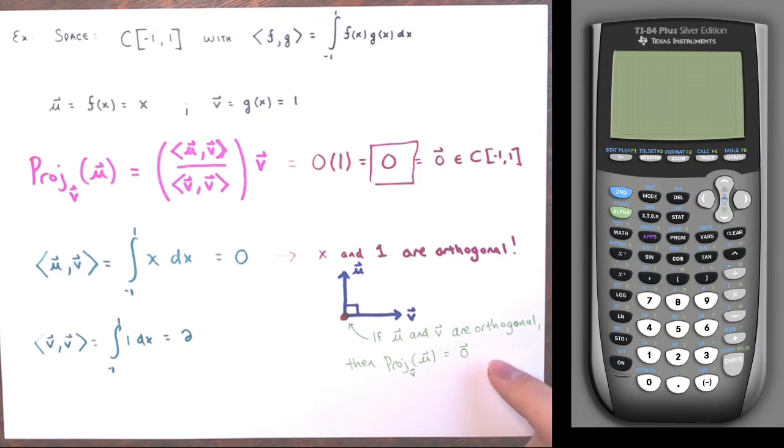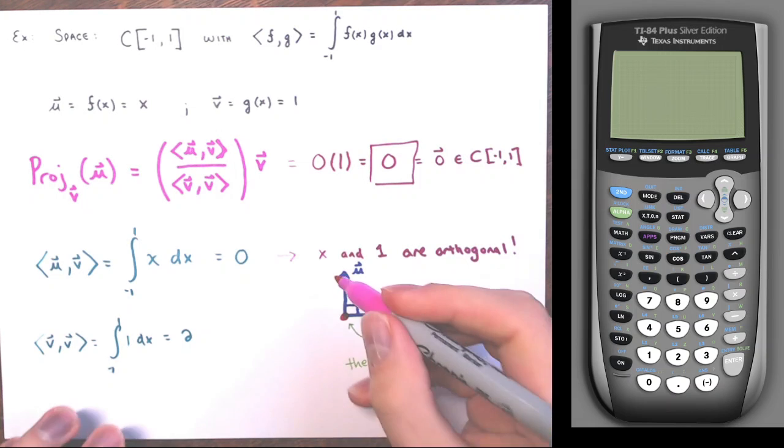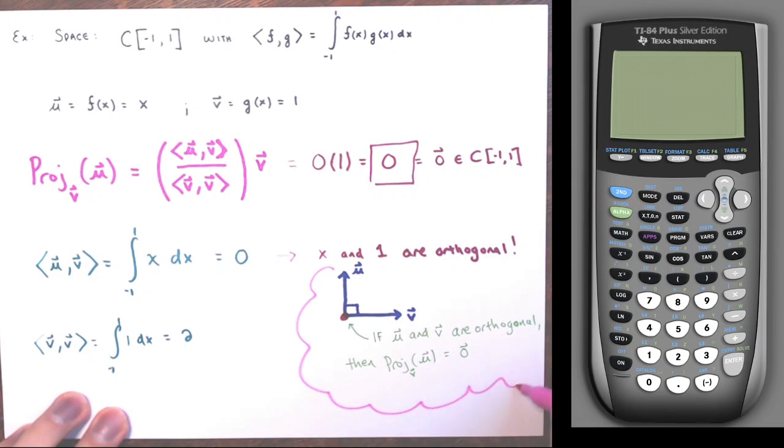So like I said, this should be happening in any inner product space. If your two vectors are orthogonal, then the projection of one vector onto the other will be just the 0 vector. Okay, as we have seen with this example.